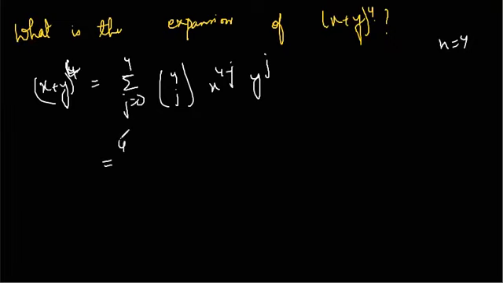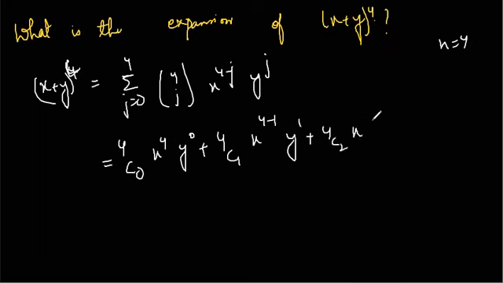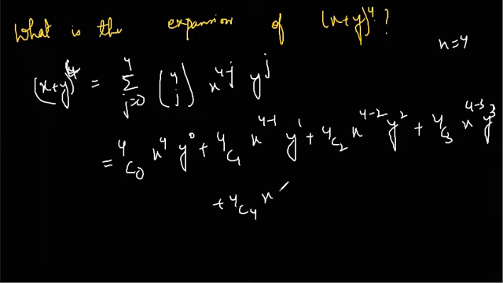So this will be 4C0 x power 4 y power 0, plus 4C1 x power 4 minus 1 y power 1, plus 4C2 x power 4 minus 2 y square, plus 4C3 x power 4 minus 3 y power 3, and finally 4C4 x power 4 minus 4 y power 4.